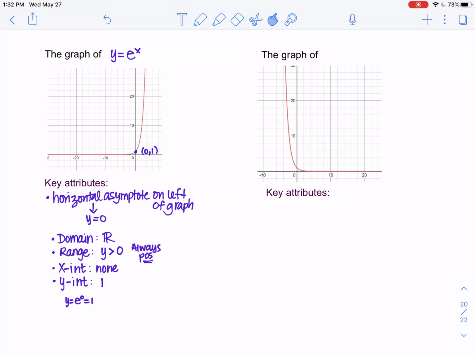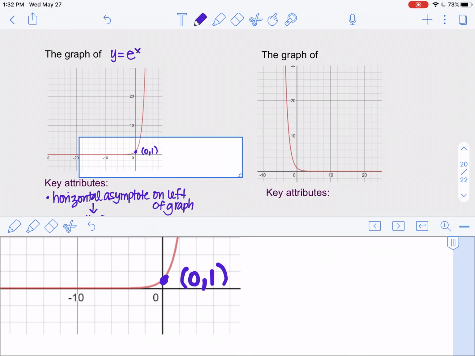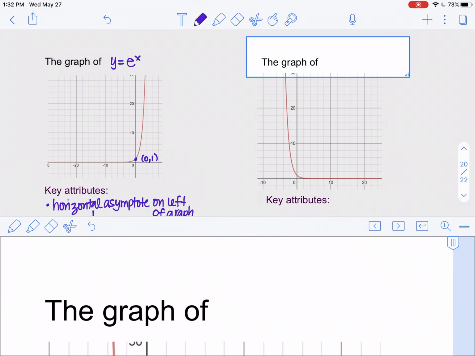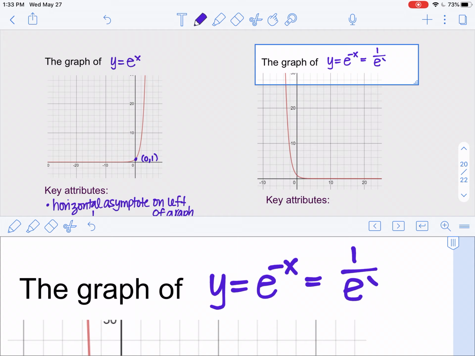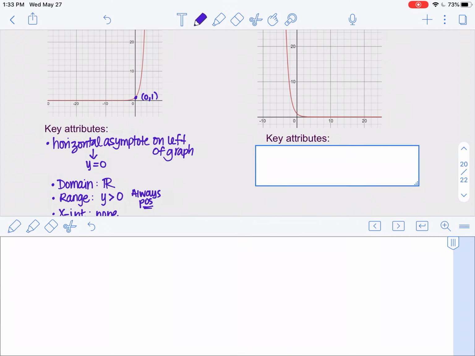Now the next graph that I gave you here looks similar, but it's kind of flipped around. This is the graph of y equals e to the negative x, which we'll talk a little bit more about negative exponents, but is the same thing as 1 over e to the x. These two things are interchangeable. So let's talk about some key attributes.